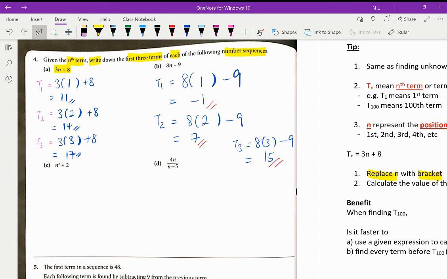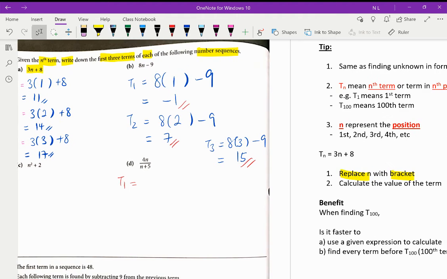So let's look at part D. Sometimes the general expression they give us can be in terms of fractions as well. All you need to do is the same. It's always the same thing. Replace all the n, or any variable, with a bracket.